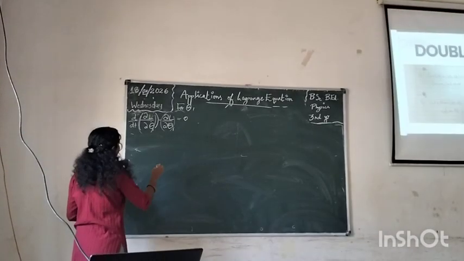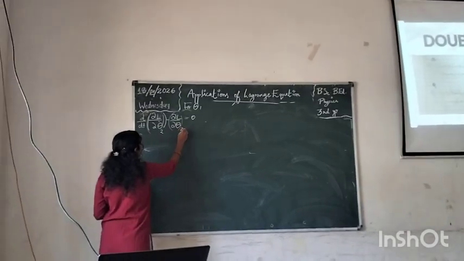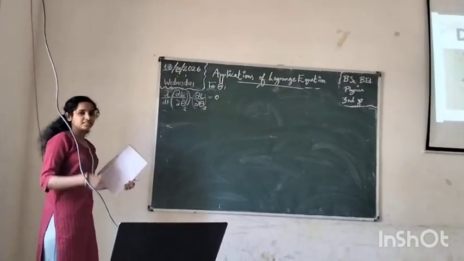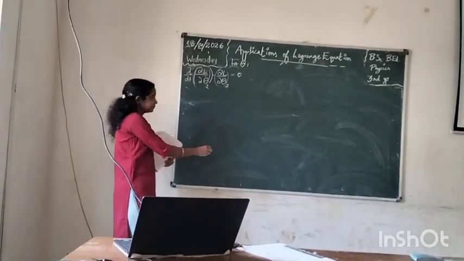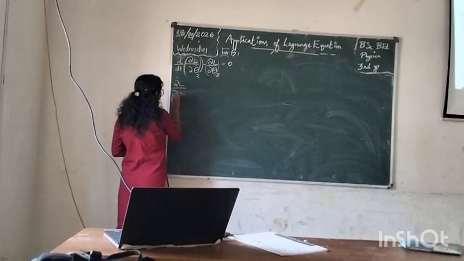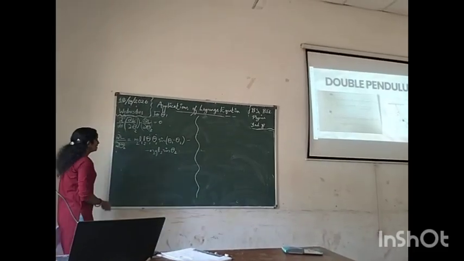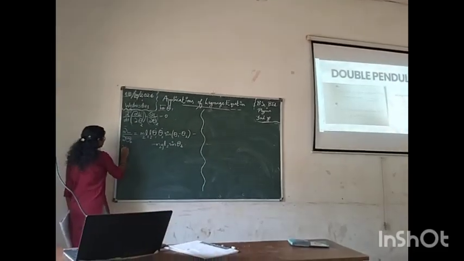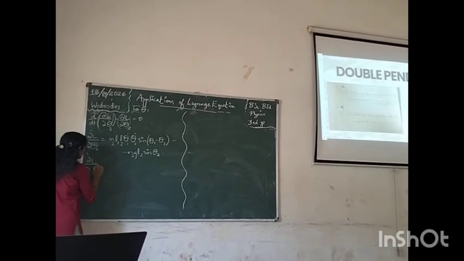For theta 2, it will be this equation. Generalized coordinate is theta 2. So first we have to find dou L by dou theta 2 dot.